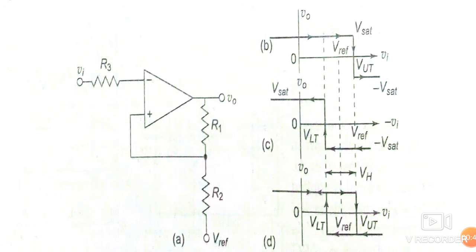This is Vi, the input voltage, connected through resistor R3 to the inverting terminal of the operational amplifier. So there will be some voltage at this point, that is, at the non-inverting terminal of the operational amplifier.